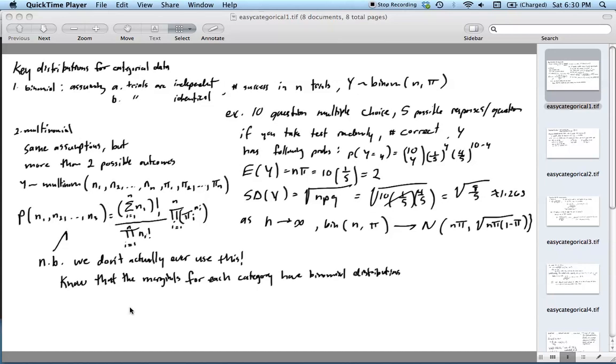I'm hoping in later chapters it's explained why he shows it to us, but we're not really going to use it per se. But you want to know that the marginal distribution for each category of a multinomial distribution has a binomial distribution.